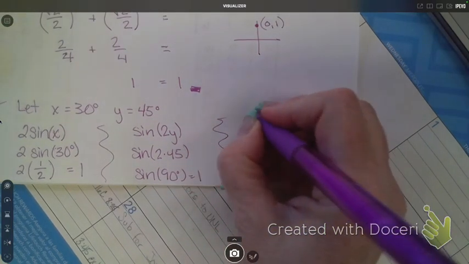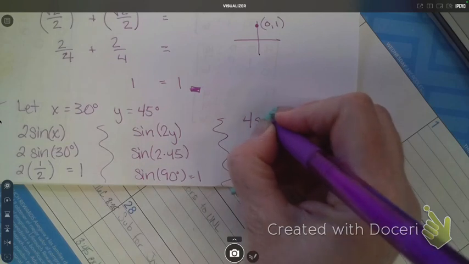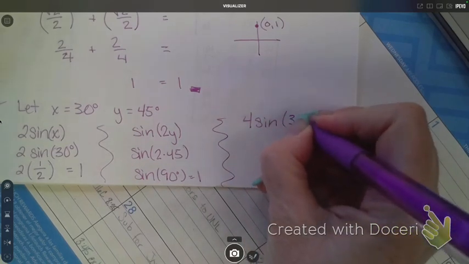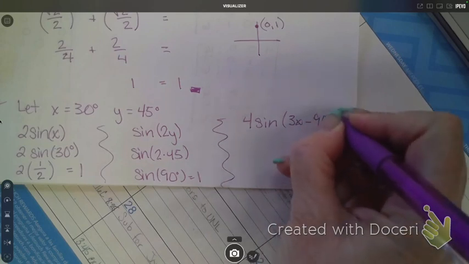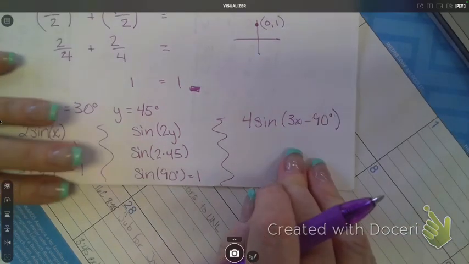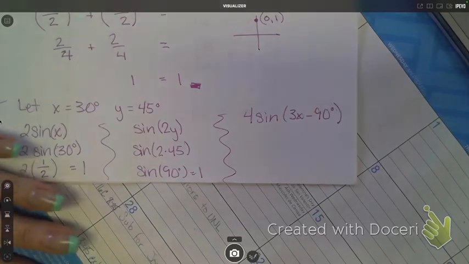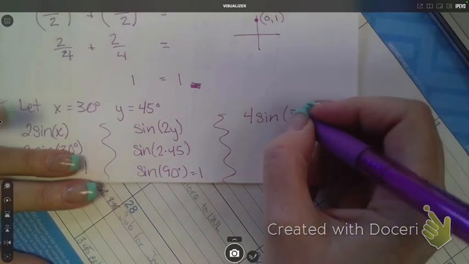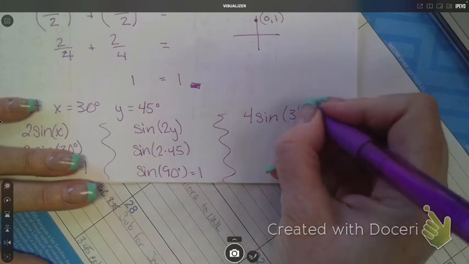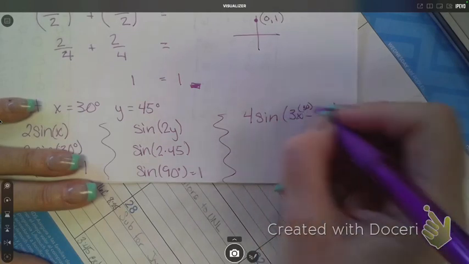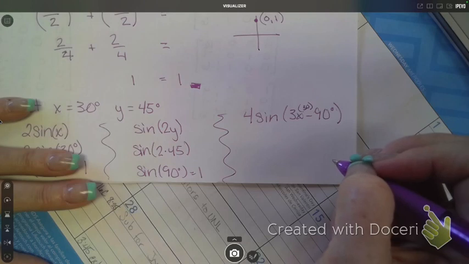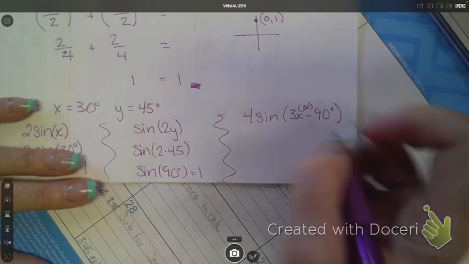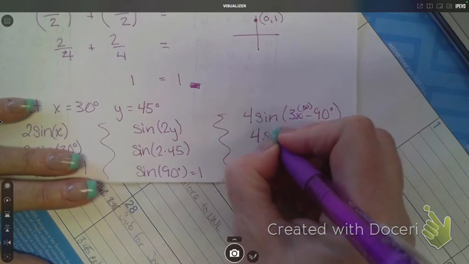Last one, we have 4 sine of 3x minus 90. So I'm going to plug in what? X, which is 30. So 3 times 30 is 90, and 90 minus 90 is 0, so I have 4 sine of 0.